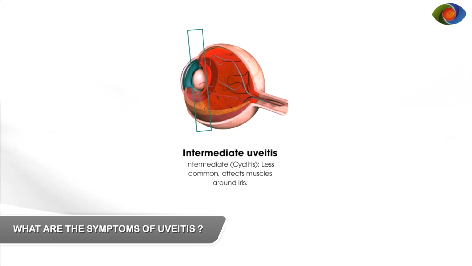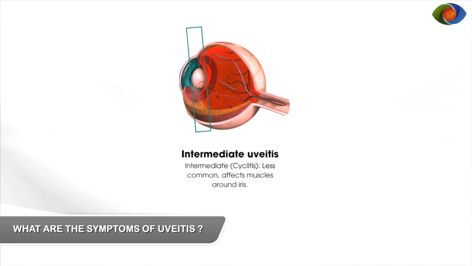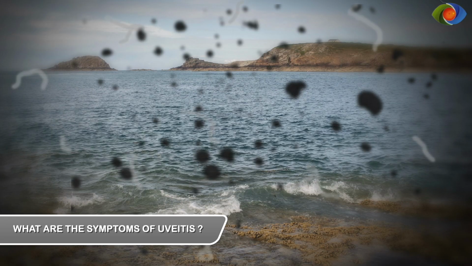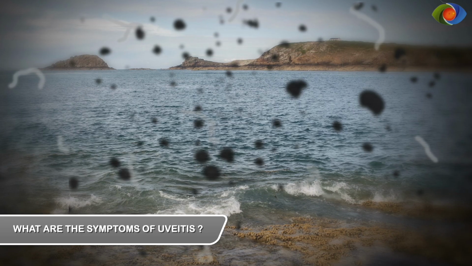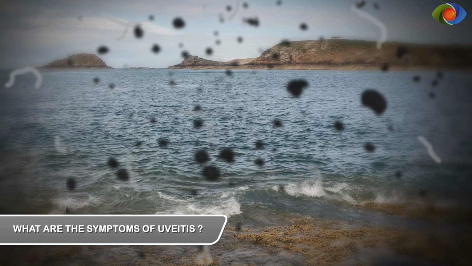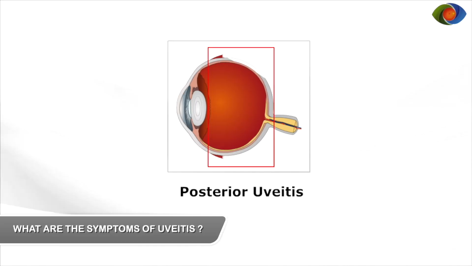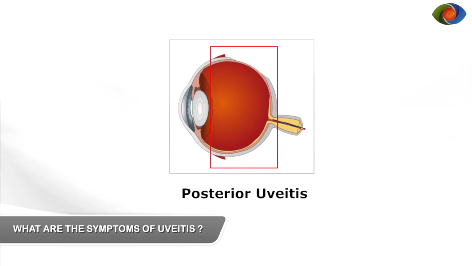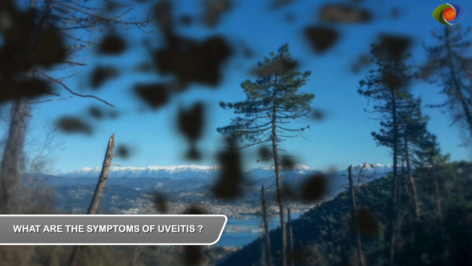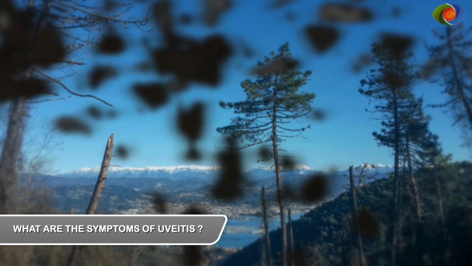In intermediate uveitis, when the central portion, the ciliary body, is involved, the common symptoms are decrease in vision and floaters. Because the vitreous is inflamed, you will get a lot of black spots in your eye. When the choroid and the retina are involved, it usually presents both with black spots and a grossly decreased vision.